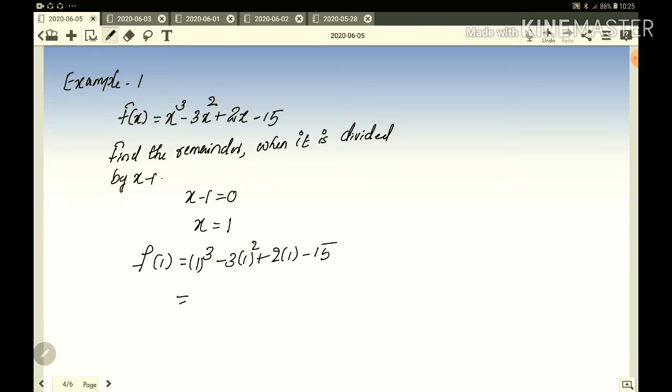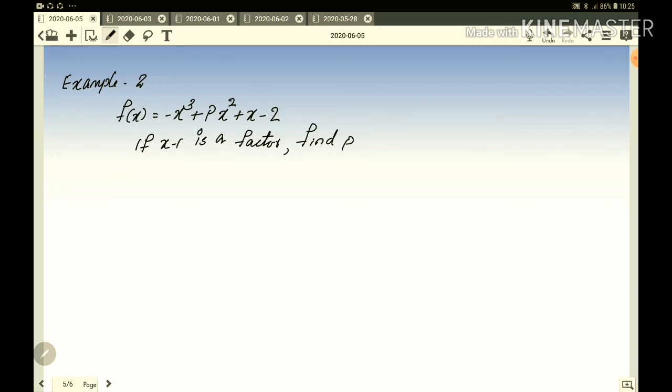The answer is going to be minus 15, which means minus 15 is the remainder. Clear? So it has a remainder, so x minus 1 is not a factor because you got a non-zero number. After the substitution, if you get a 0 it means x minus 1 is a factor. This one is non-zero, which means minus 15 is a remainder.